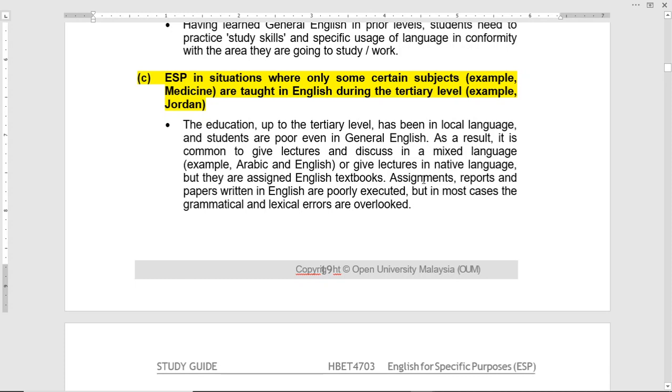As a result, it is common to give lectures and discuss in a mixed language, or give lectures in the native language, but they are assigned English textbooks. Assignments, reports, and papers written in English are poorly executed, but in most cases the grammatical and lexical errors are overlooked. That can happen when they go for higher studies or tertiary education and have to study in English.